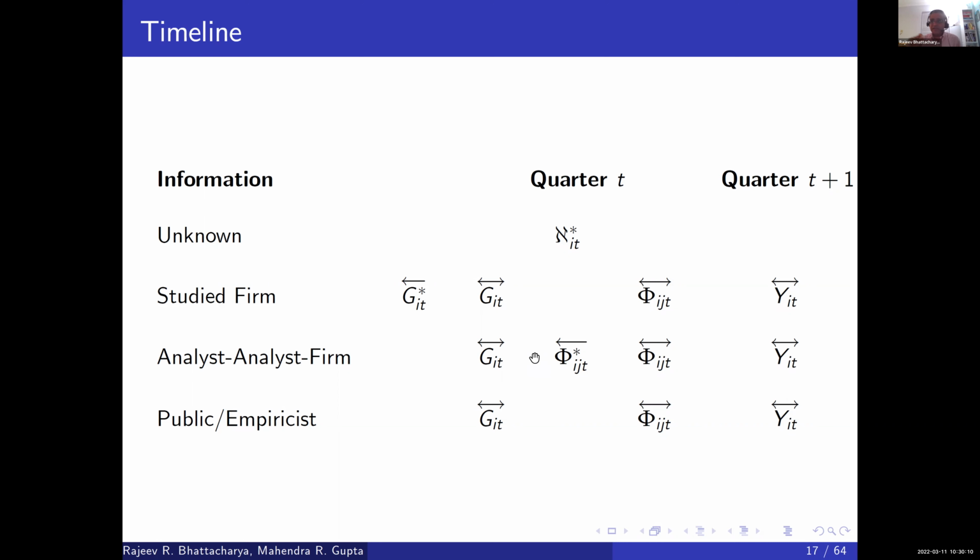We never observe it. That's a function of its own learning and analysis. That's the phi IJT star. What we do observe are the phi IJT double arrow.